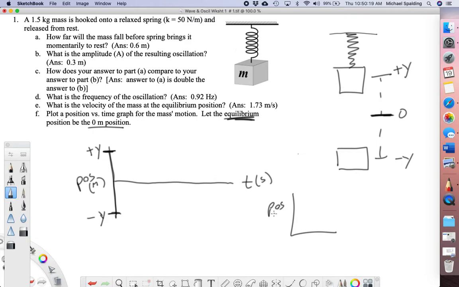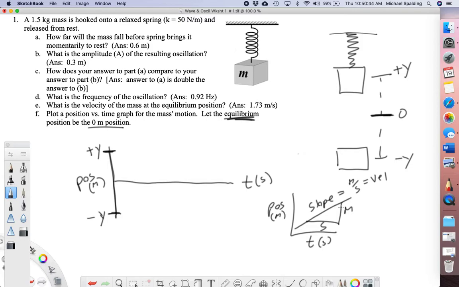Position time graph, one of the important things here is that the slope of a position time graph, slope is rise over run, the rise is meter, the run is second, so the slope is meter per second, which is velocity. So how does that relate here?